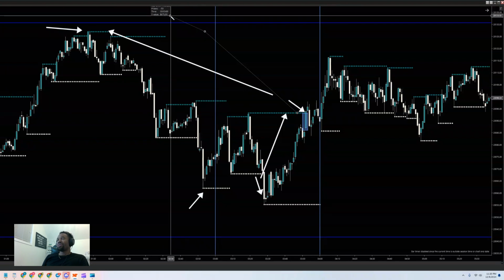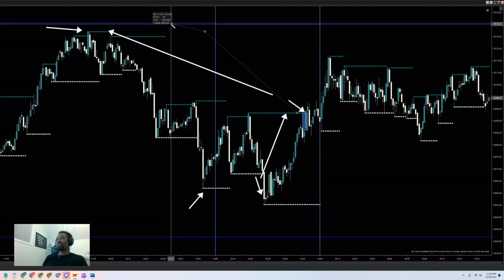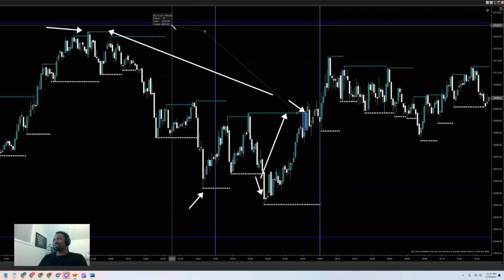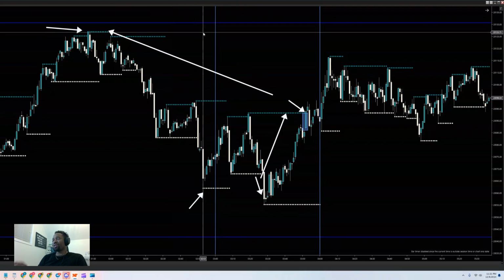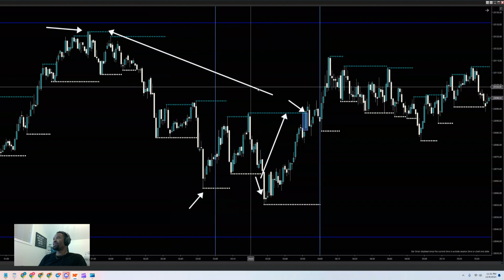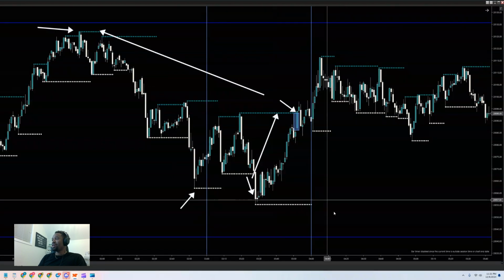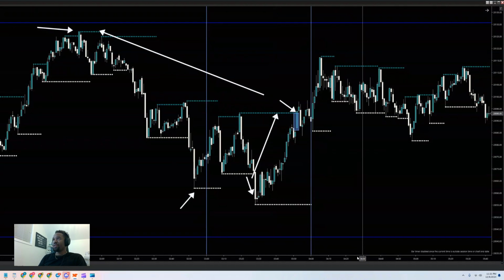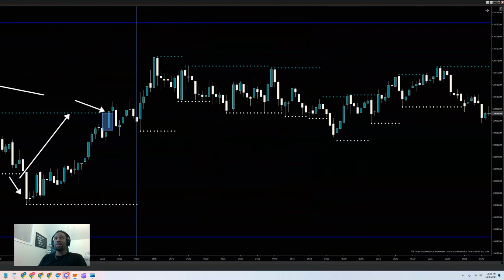There are some other things you could trade, but I don't necessarily look at those too often, so it's not something that I really go over. I only trade NQ. I used to trade ES, and I used to trade this specific strategy on ES as well.